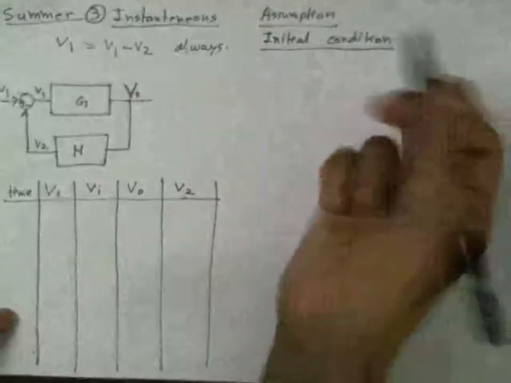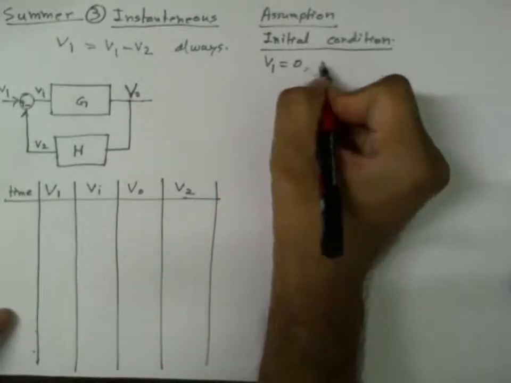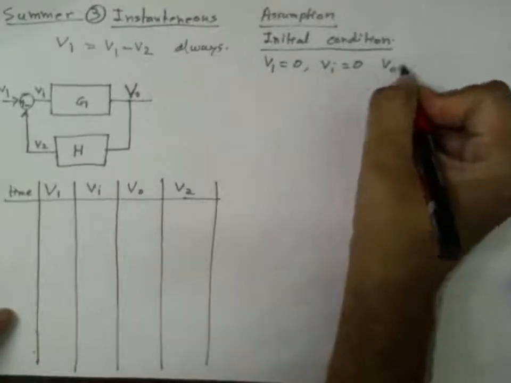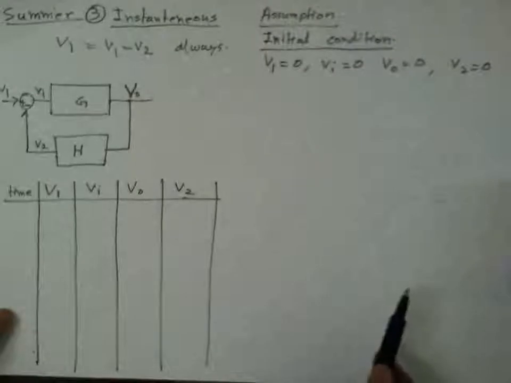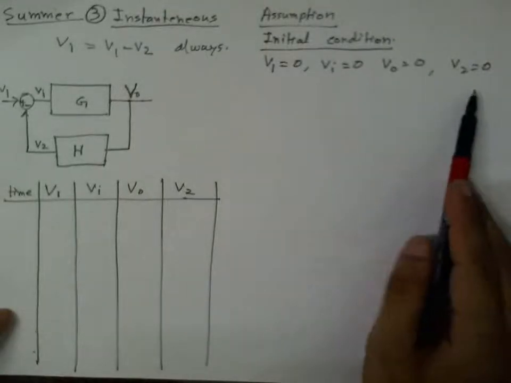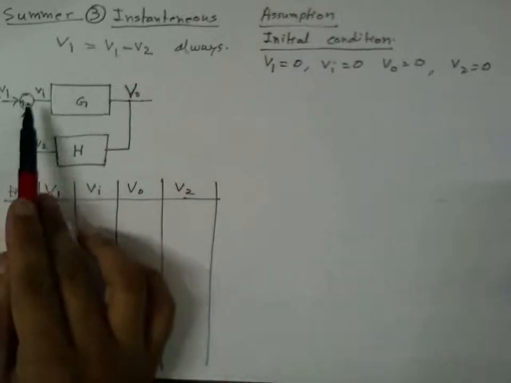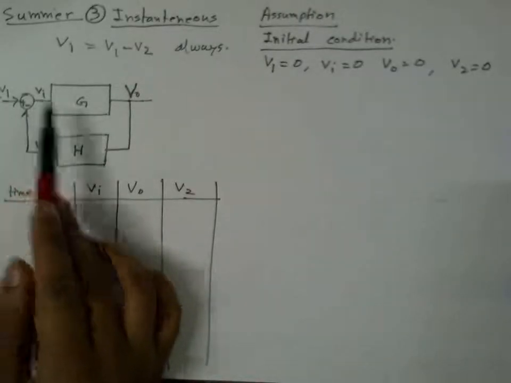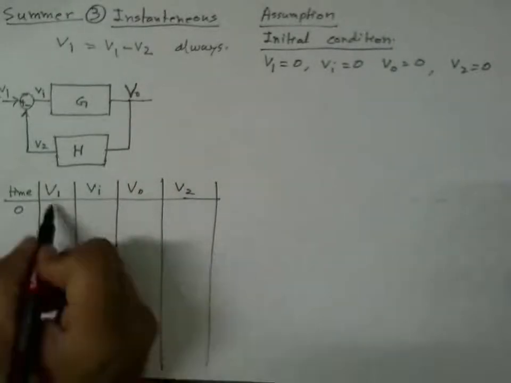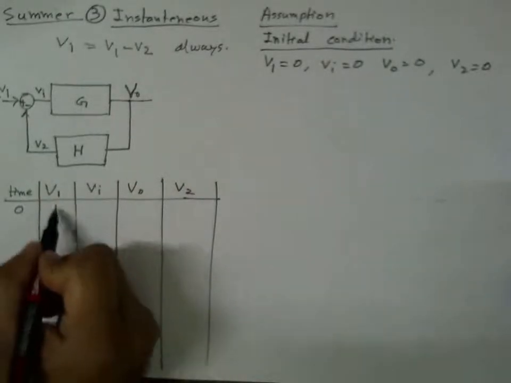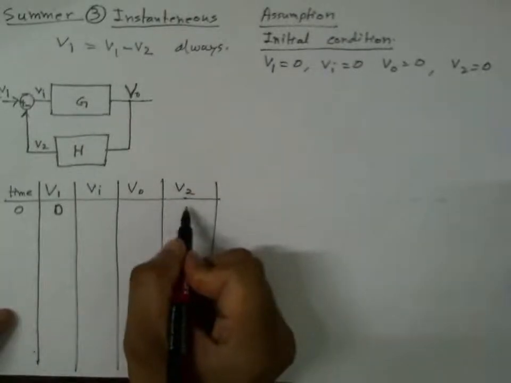So I assume that initially V1 is equal to 0, Vi is equal to 0, Vo is equal to 0, and V2 is equal to 0. And this assumption is self-consistent. See, if V1 is 0, V2 is 0, then V1 minus V2, that difference. Initially at time 0, I assume V1 equal to 0, and V2 is also assumed to be 0.